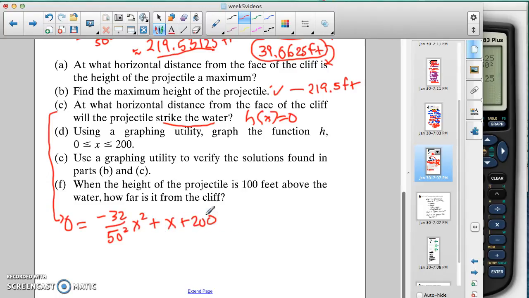Now we're not going to be able to factor this, so we're going to use the quadratic formula. So x is equal to minus 1 plus or minus the square root of 1 squared minus 4 times a, which is negative 32 over 50 squared, times c, which is 200, all over 2 times a.